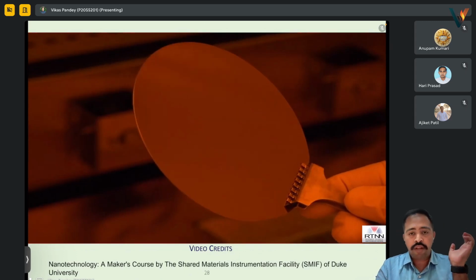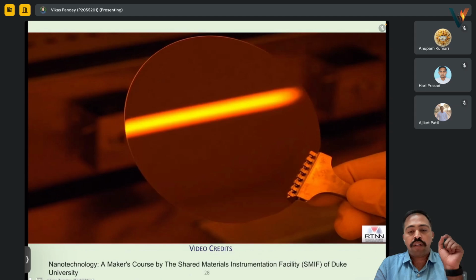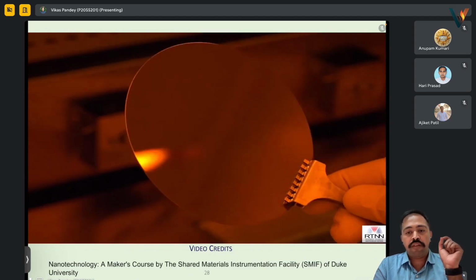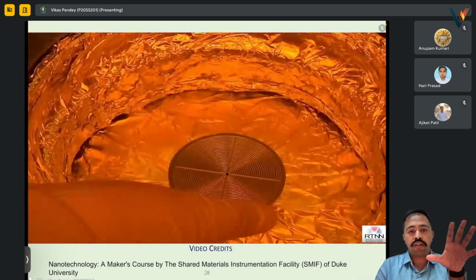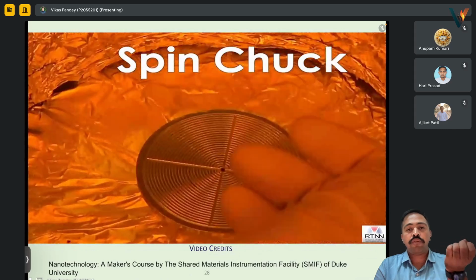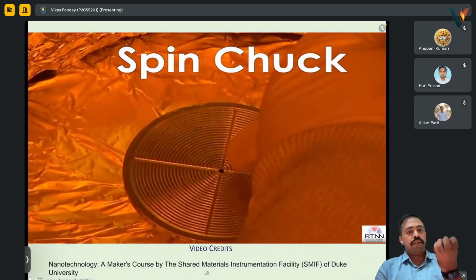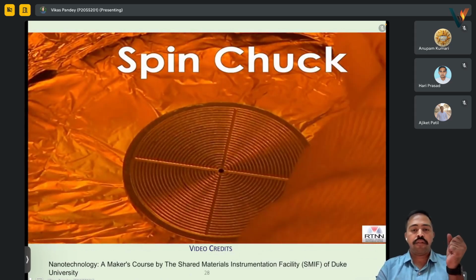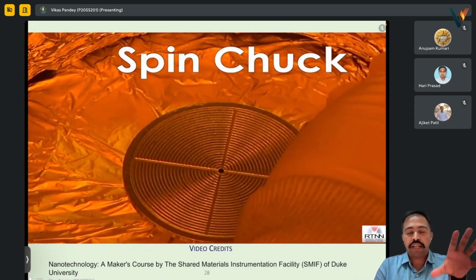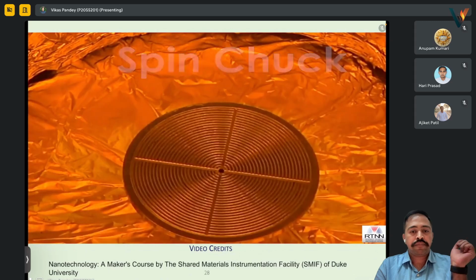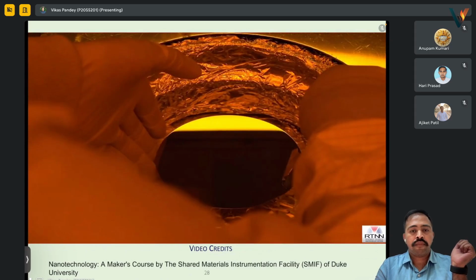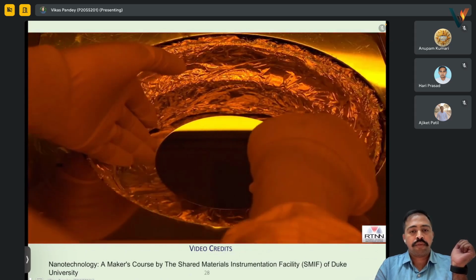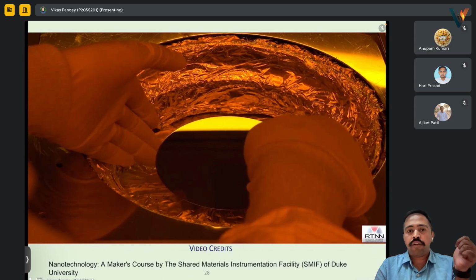Now on this, spin coating of the photoresist has to be done. This is a spin coater. It has a vacuum chuck which will hold the wafer using vacuum. The whole wafer is kept over it, properly aligned, vacuum suction on, and it just sticks to it.